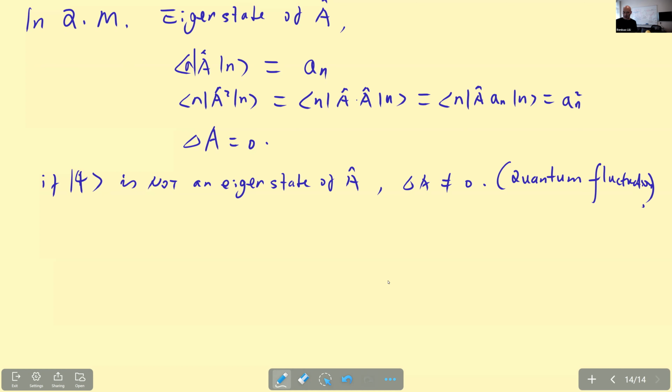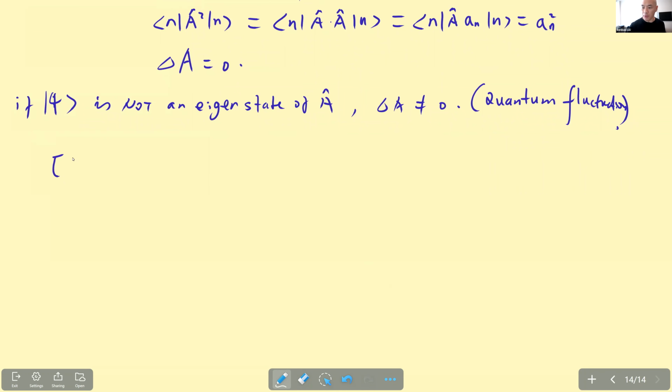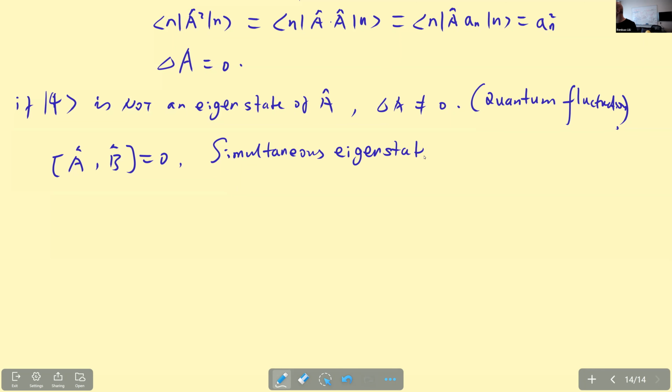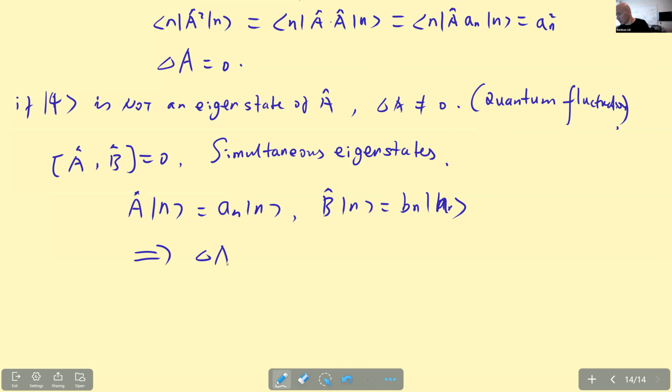And the point is that if you have two operators A and B, and they commute, then you can have simultaneous eigenstates. That means you can have a state |m⟩ so that A acting on this one equals a_m |m⟩, and B acting on this one equals b_m |m⟩. This immediately tells us both ΔA equals 0 and ΔB, the variance, also 0. So this is possible, right?